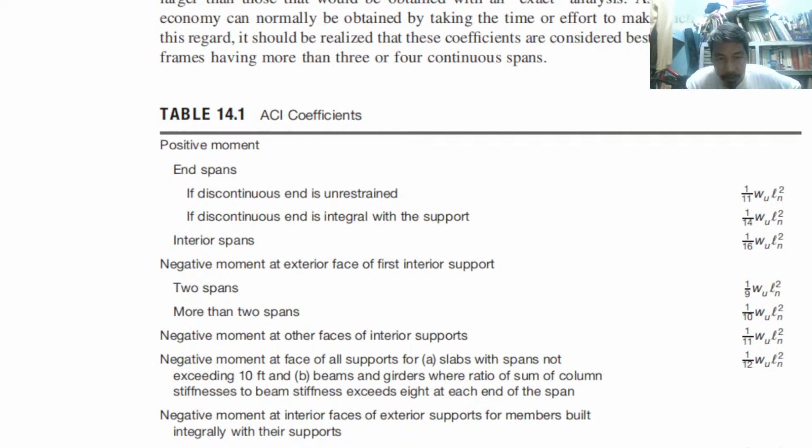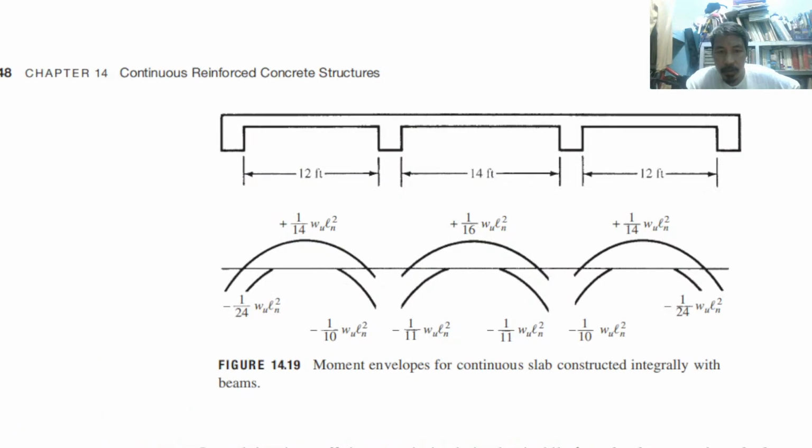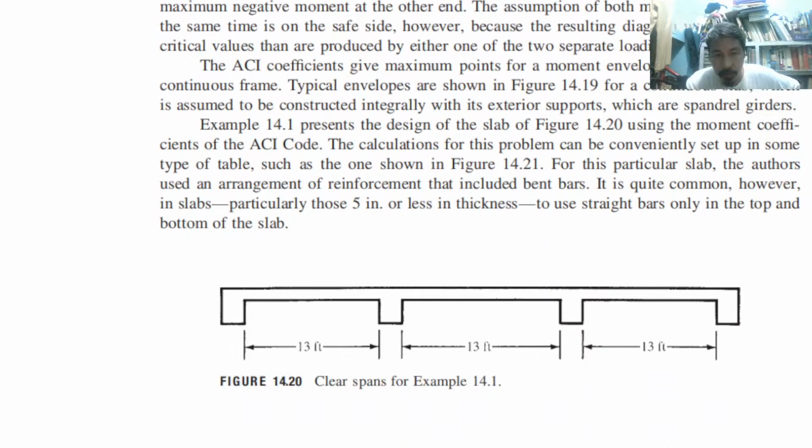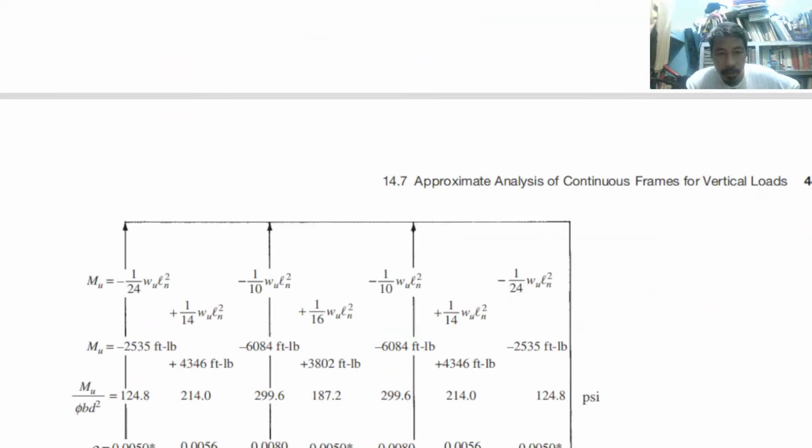So the shear here and the shear here, that is 1.15 times WL over 2. And that is the shear. Do you follow everything?